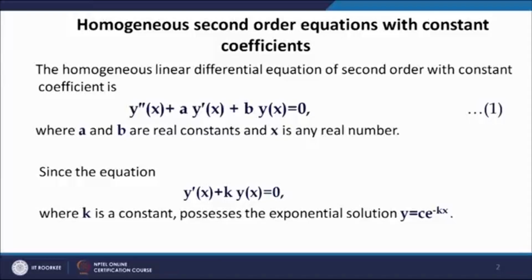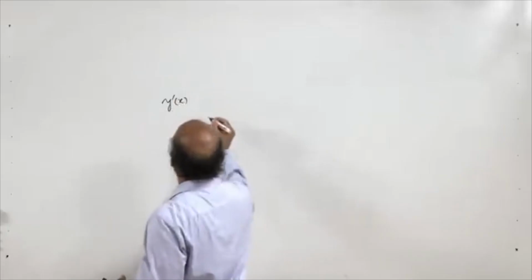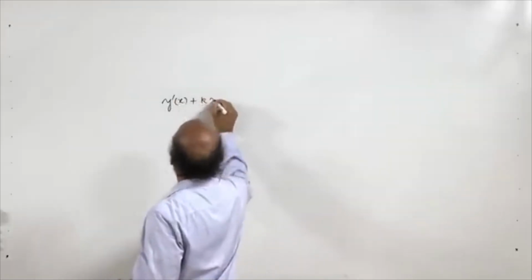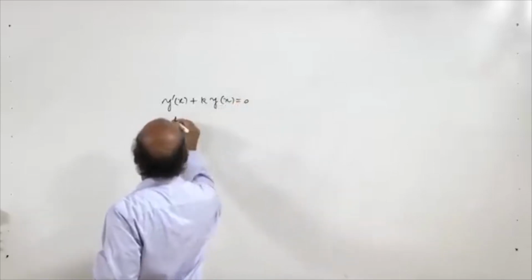So let us look at this equation, y dash x plus k y x equal to 0. We know that it possesses an exponential solution.